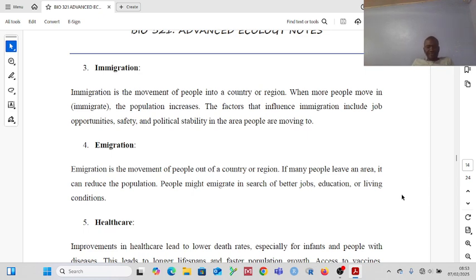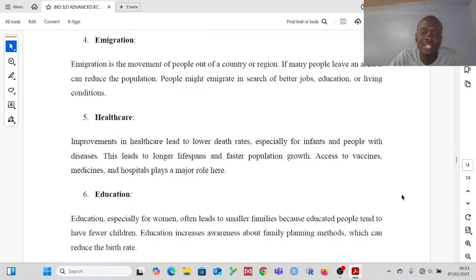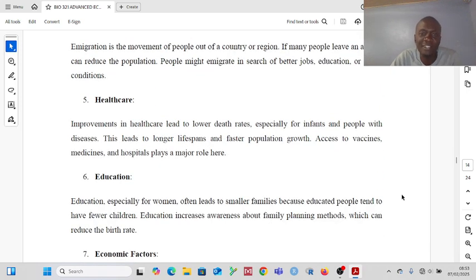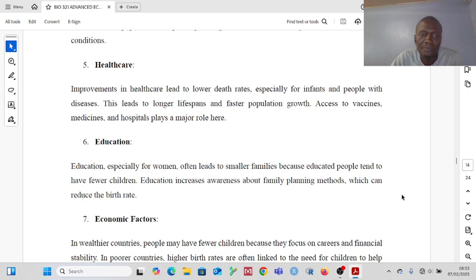Another factor that can affect population growth is healthcare. If there are improvements in healthcare, then we'll surely have a reduction in death rates. There could be diseases in the population, yes, but because healthcare is being provided, people will not die.